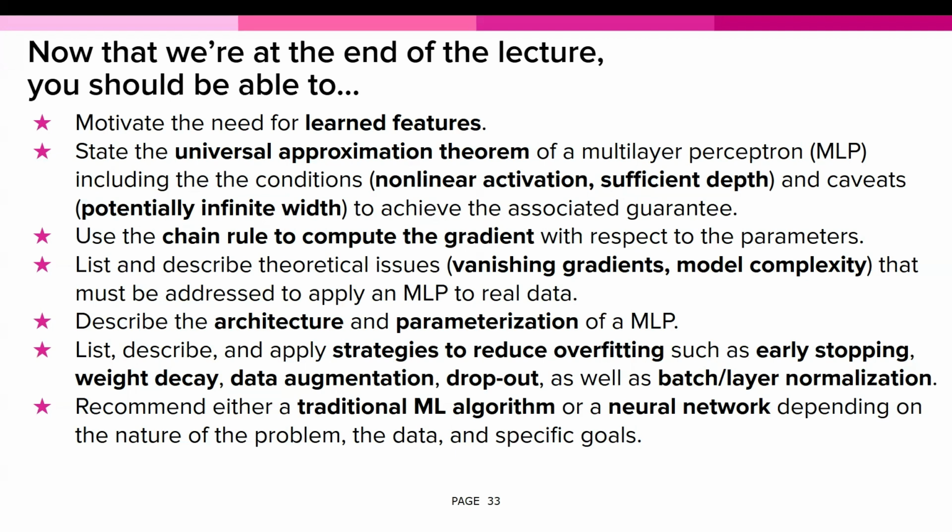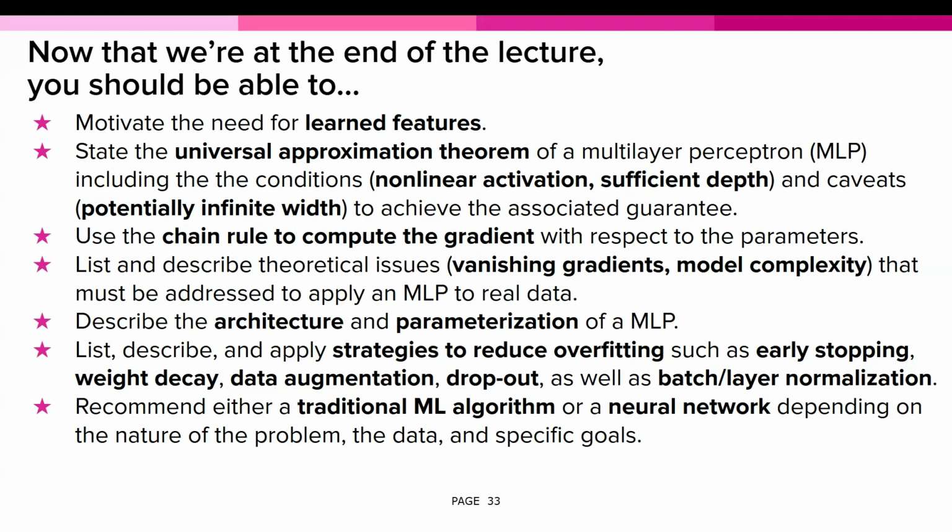We went over the architecture and the parameterization of a multi-layer perceptron. We spent a lot of time going over strategies to reduce overfitting, or regularization strategies for multi-layer perceptrons. Specifically, we covered early stopping, weight decay, data augmentation, dropout, as well as batch and layer normalization.